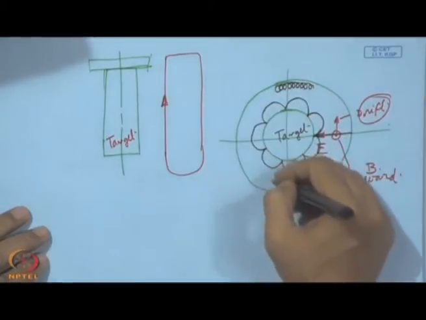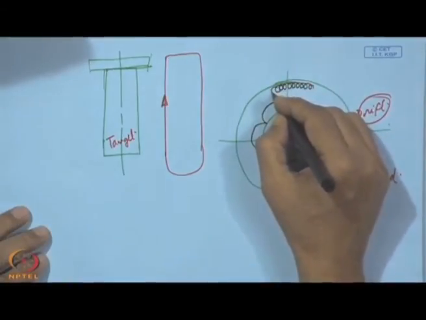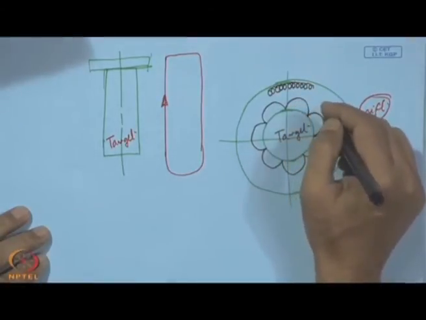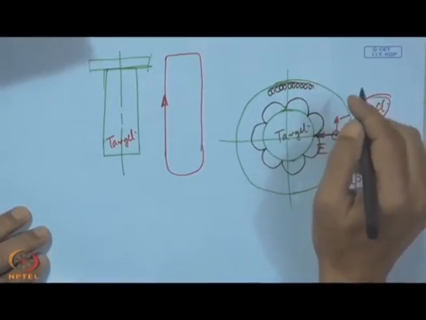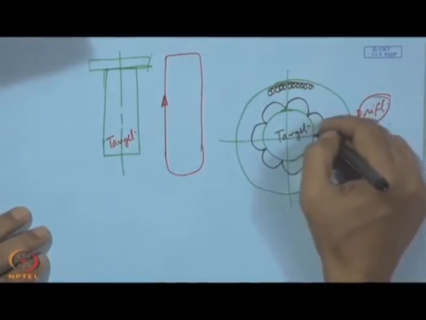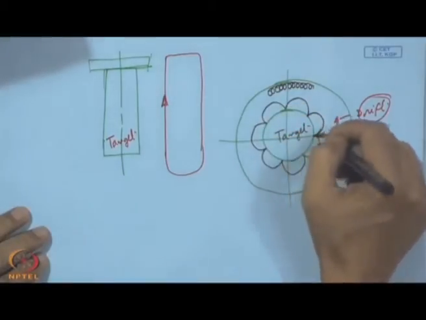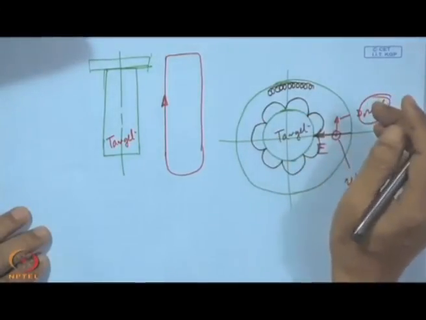So, this drift motion is like a circular motion, and over that we are superimposing a cycloidal form. This is also another way of sputtering, and in this case the material will be sputtered on the inside of a hollow tube, because it is a cylindrical solid target.